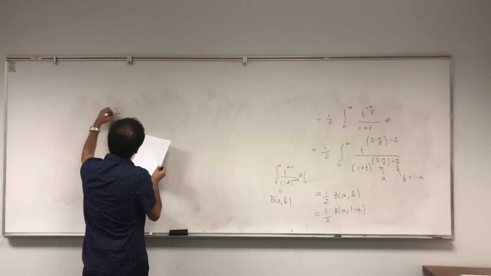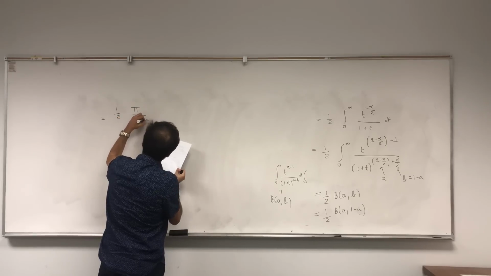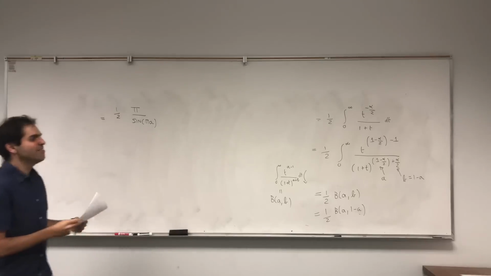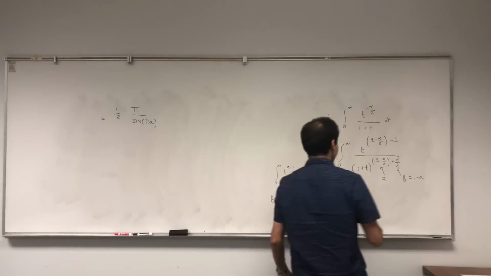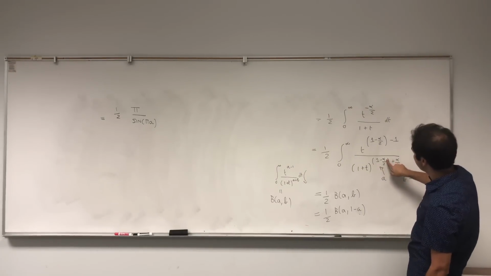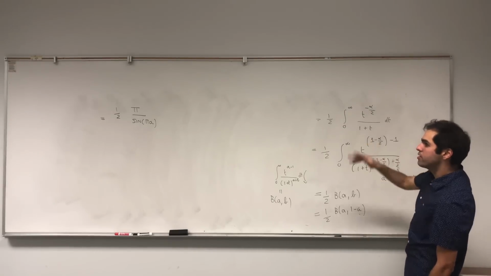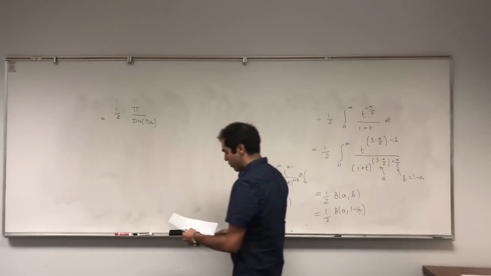So we get 1/2 pi over sine of pi a. And by the way, I think alpha was strictly between 0 and 1, so this thing is never an integer, and we don't have to worry about sine of pi a being 0.